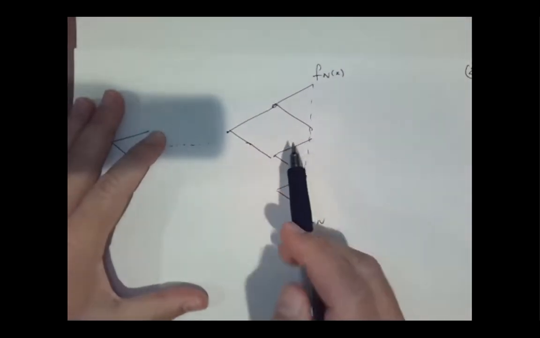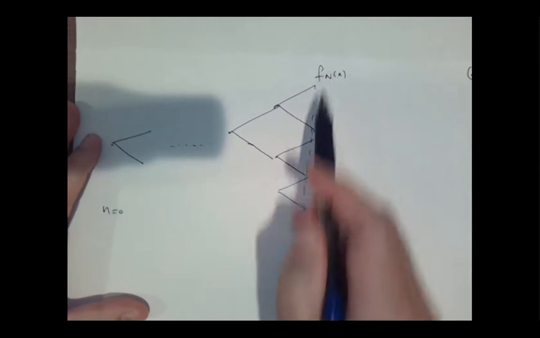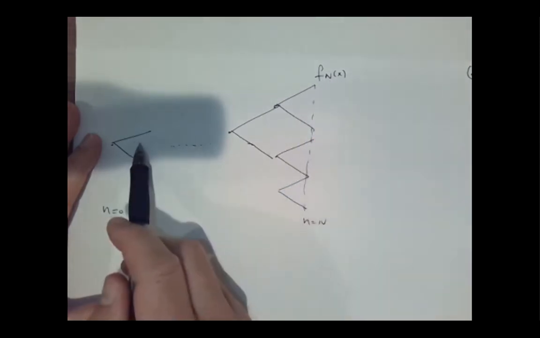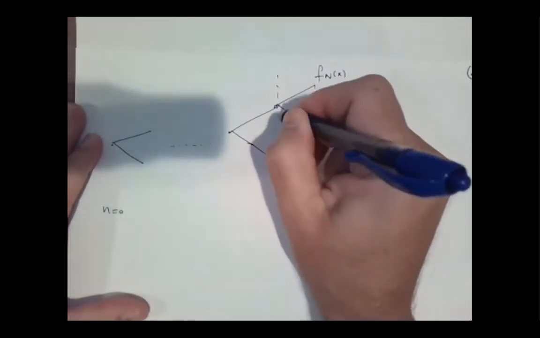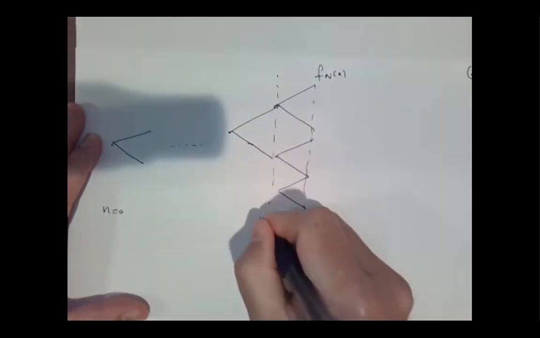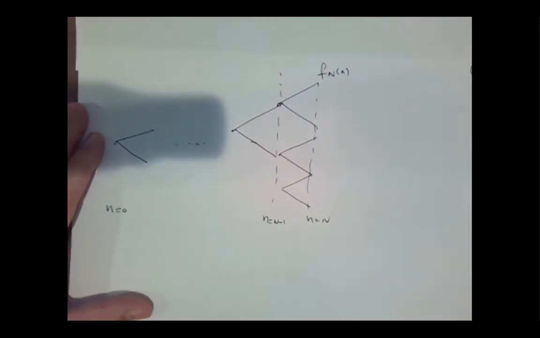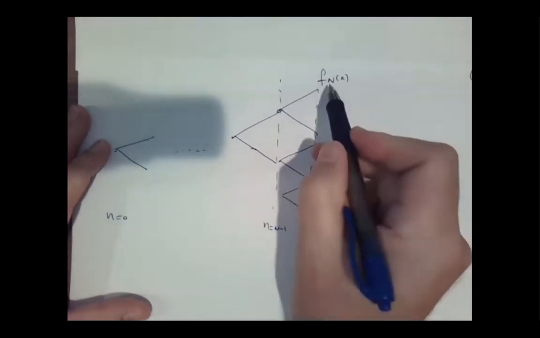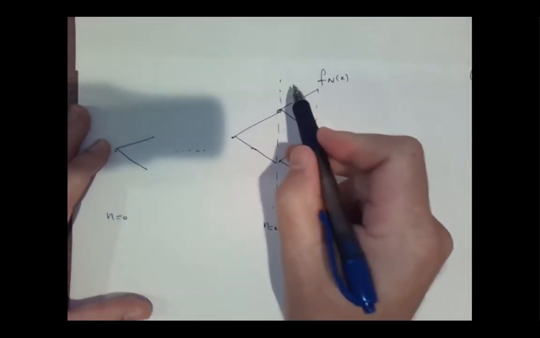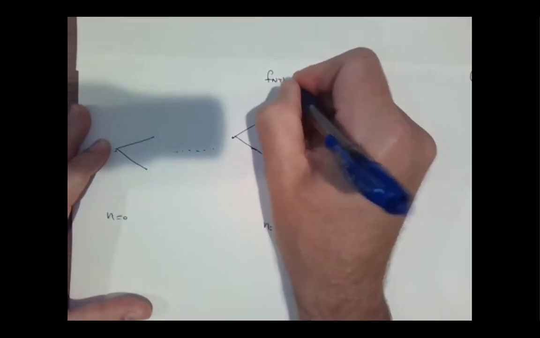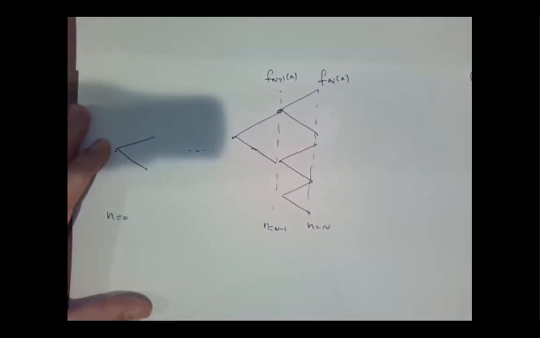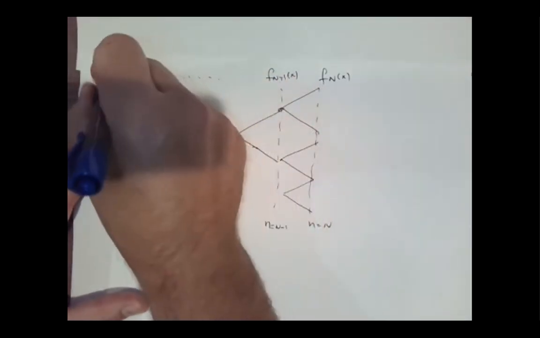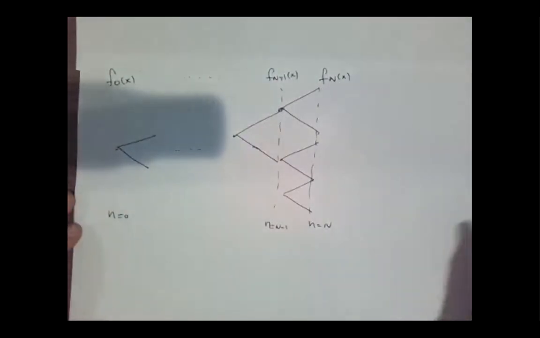So we're going to iterate from the end towards the beginning. The first order of business is to move back one step, from Fn to Fn minus 1. This is going to be our job, to create this function here, and so on. We're going to end up here with f0 of x.